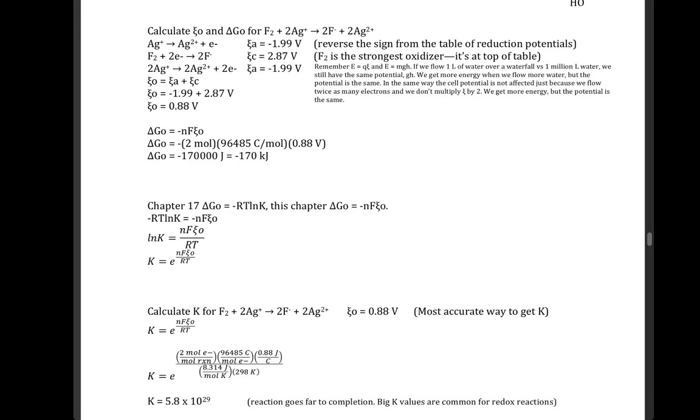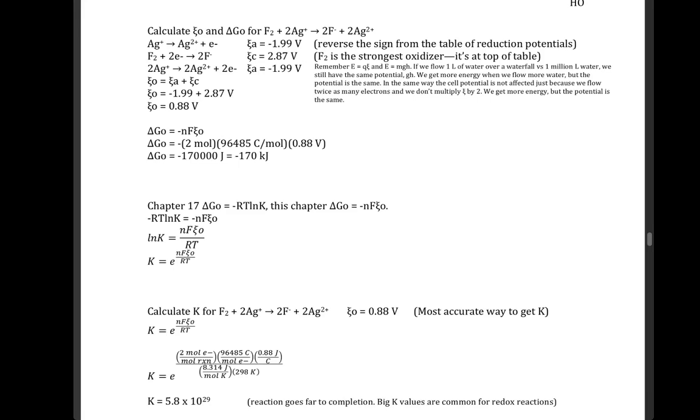So in our table, what we would find is Ag plus yielding Ag2 plus and an electron has a potential of negative 1.99 volts. And we would find that F2 plus 2 electrons yielding 2F minus has the potential of 2.87.